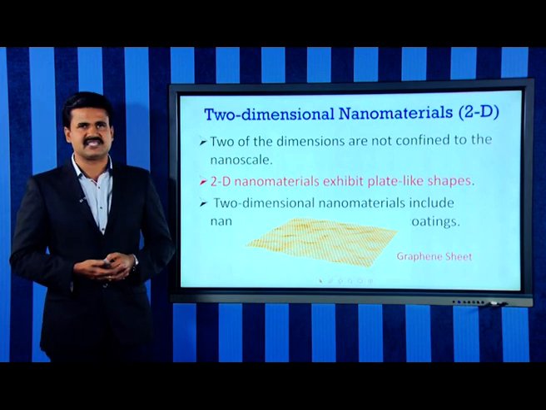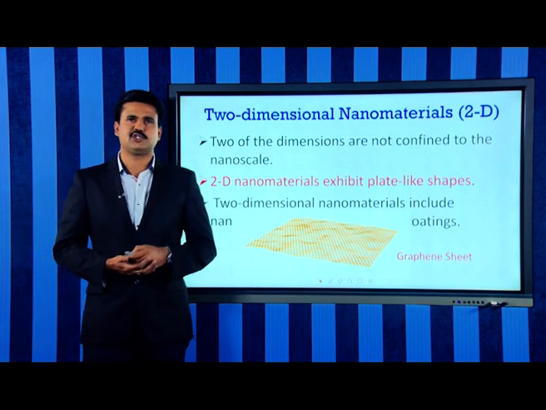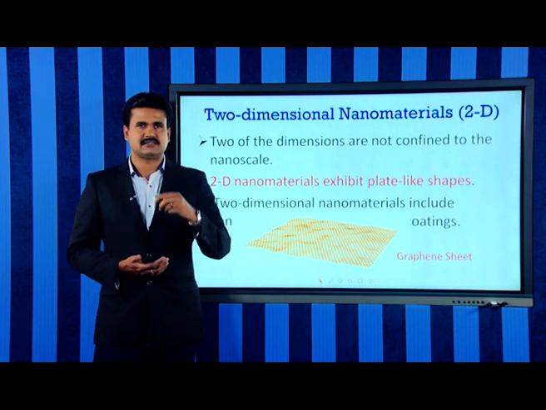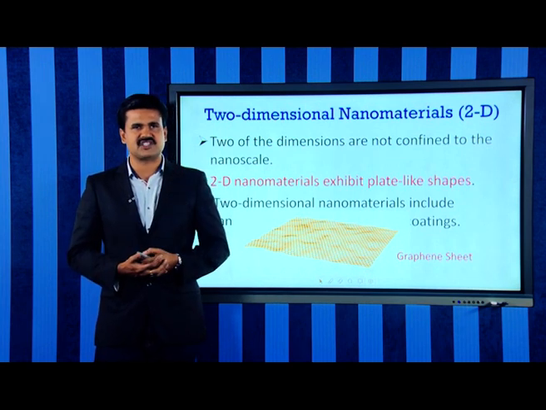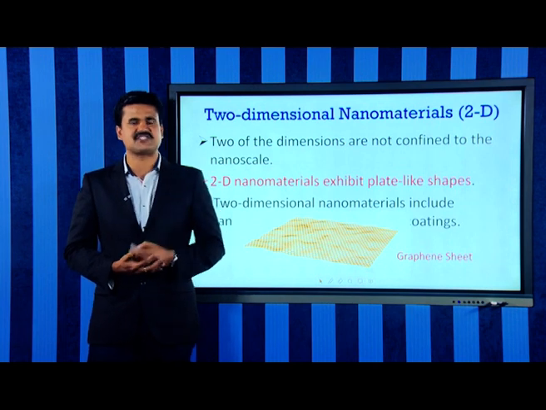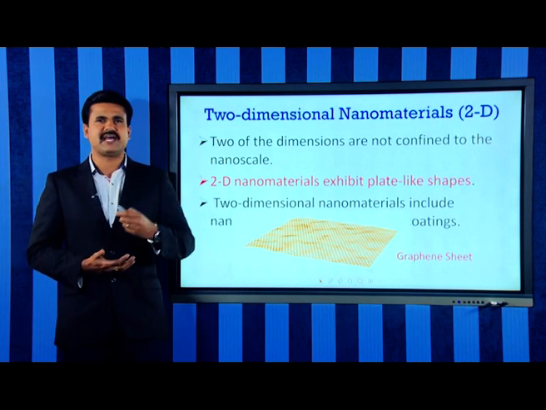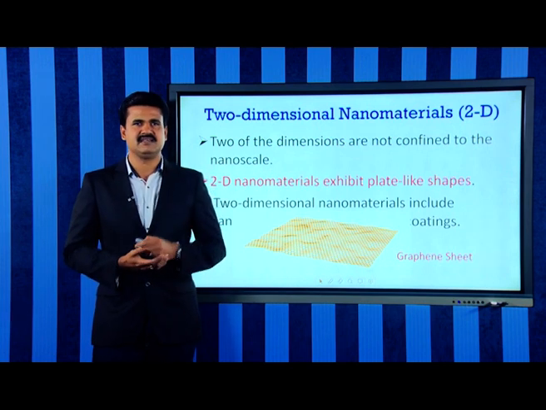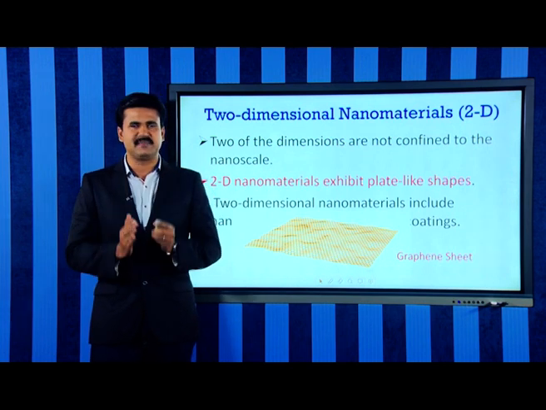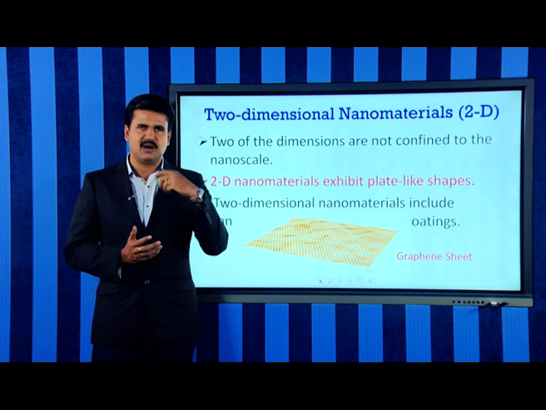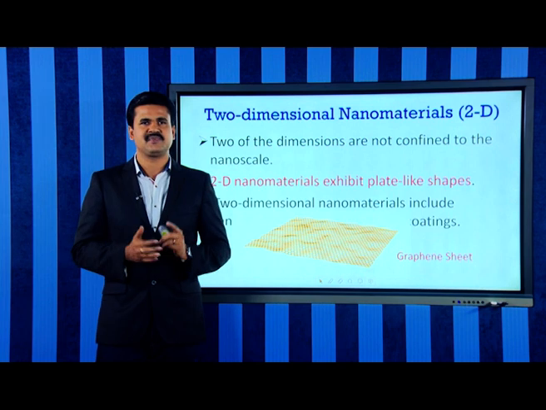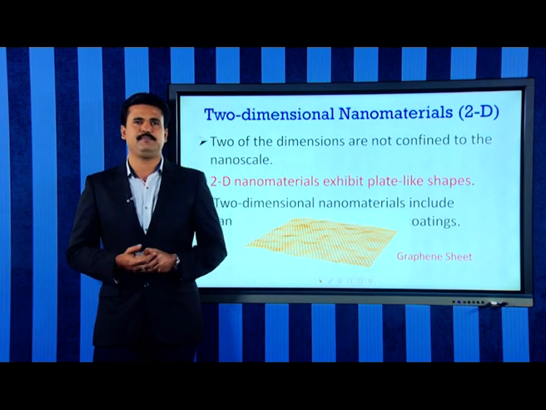Next category is two-dimensional nanomaterial. That is the third type classification as per Siegel's classification. And two-dimensional nanoparticles have the peculiarity that two dimensions are outside nano and only one dimension is in the nano regime.